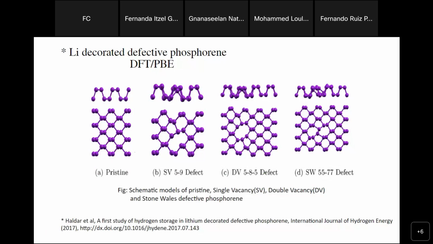Different topological defects can be created: the single vacancy defect, the double vacancy defect, and the Stone-Wales defect. I recall that the Stone-Wales defect is obtained by rotating by 90 degrees the P-P bond, the phosphorus bond, with regard to the middle of the bond. Please, next slide.